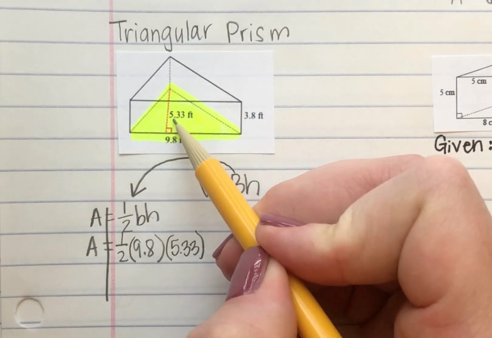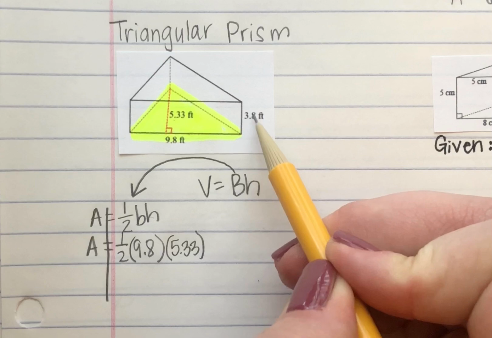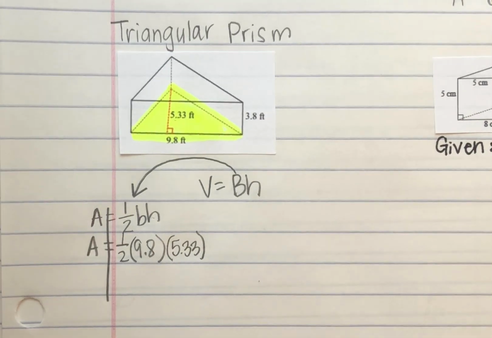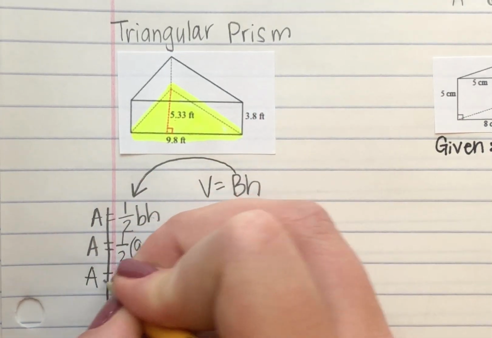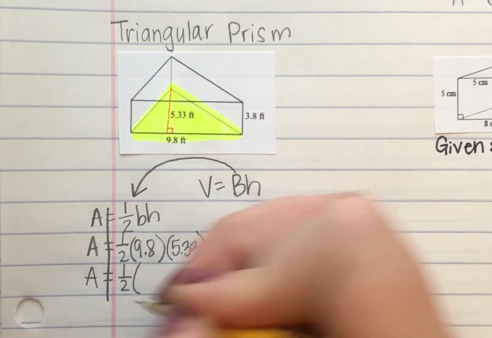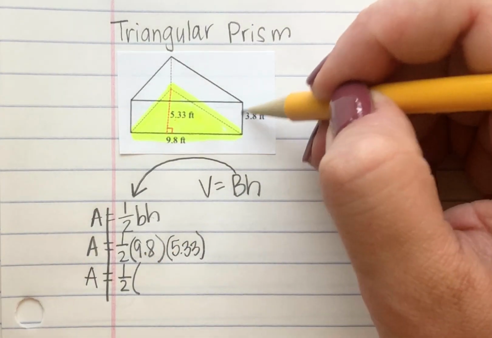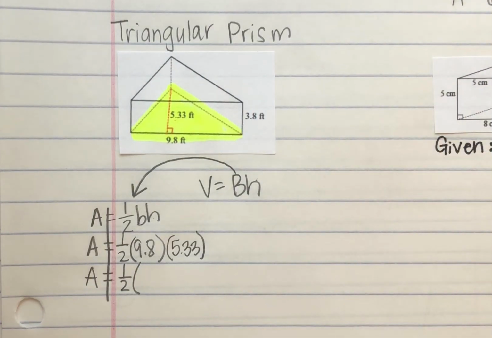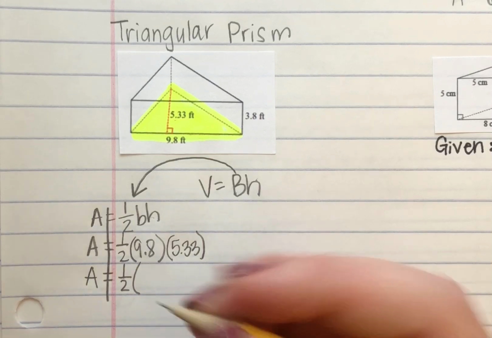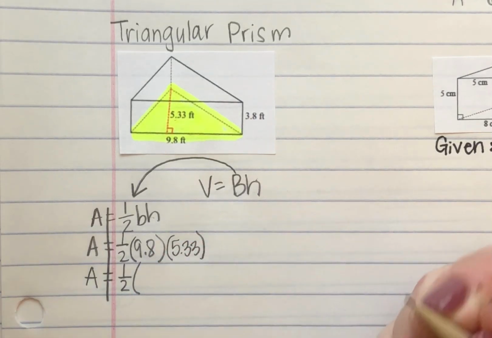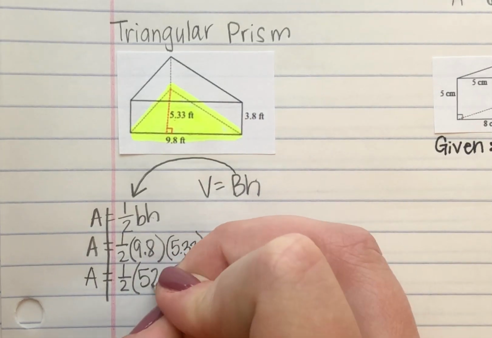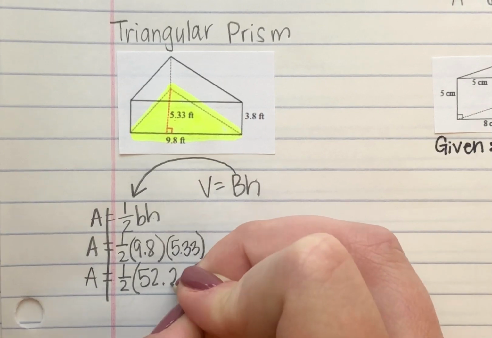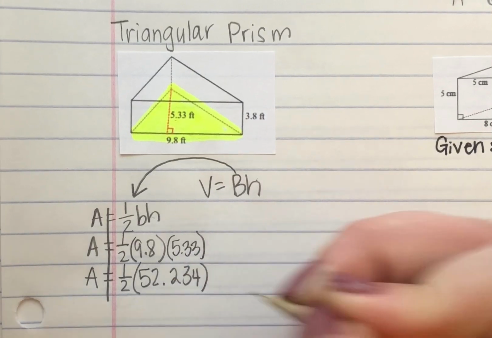So notice I used 5 33/100. I did not use the 3.8 for the height of that triangle. I'm sure you can probably already tell 3.8 is not the height of the triangle. 3.8 is going to be this guy over here. So let's go ahead and use our handy dandy calculator. 9.8 times 5.33, if we multiply those together, it's 52 and 234 thousandths.